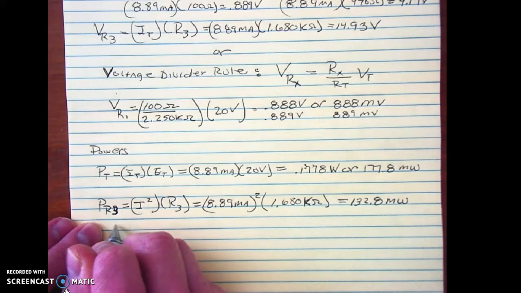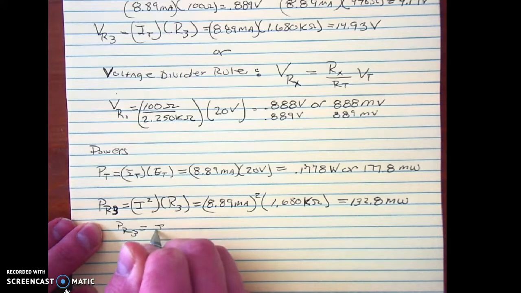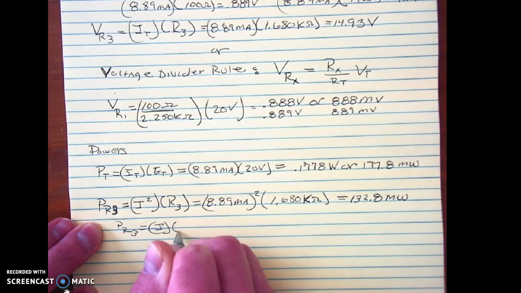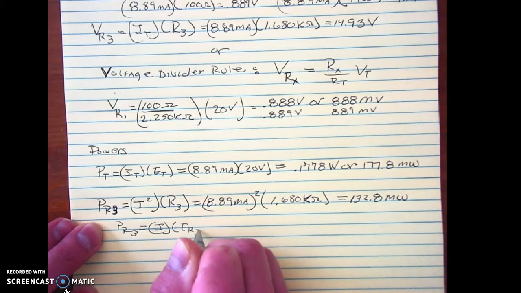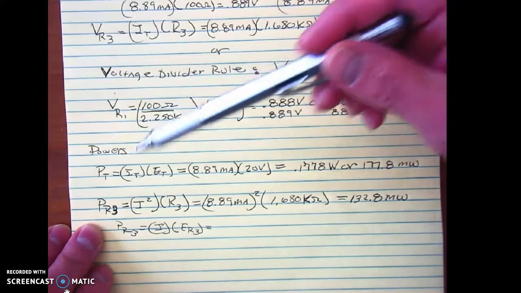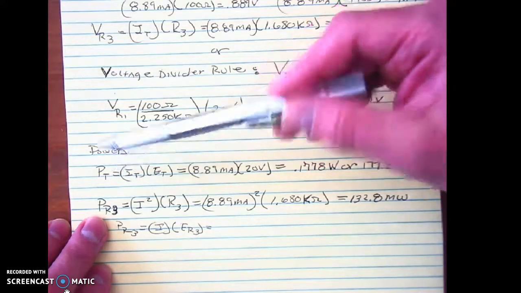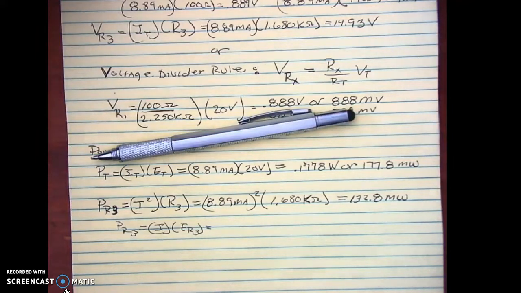So PR3 is equal to I times E. When I use the E, I have to use ER3, which came up with the same one up here. Now, similarly, you can actually take all the powers, add them together, and you should come up with power total. Hope that explains a little more detail of how to use the prefixes and solve for different powers and voltages.